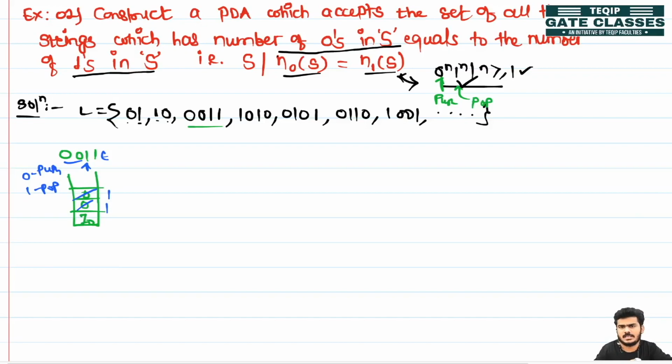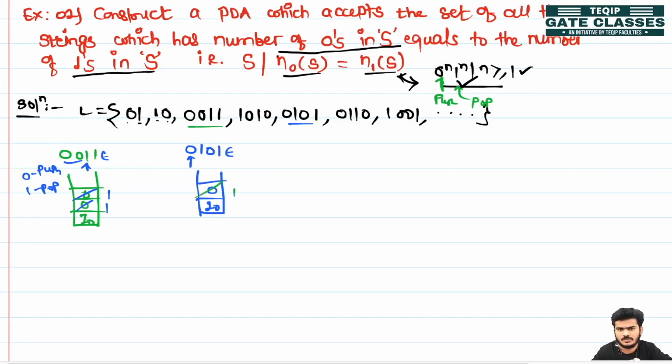But take another string: 0 1 0 1, and finally epsilon. Now in this situation, what do we have to do? The bottom of the stack is z0, and whenever 0 comes, I will push it, and once 1 occurs, I will pop it.